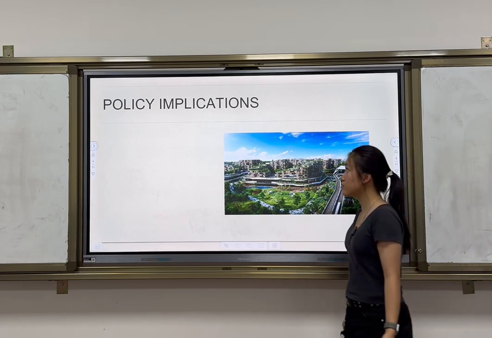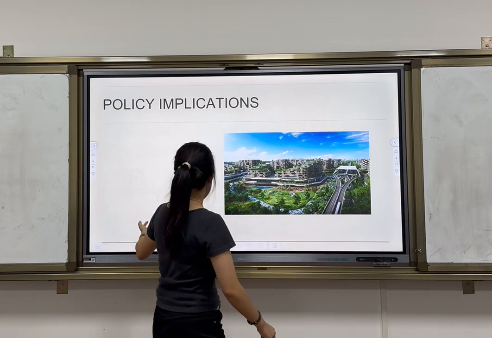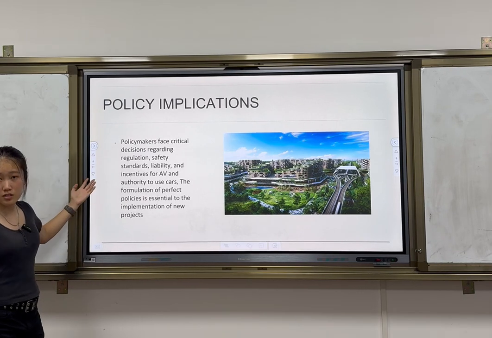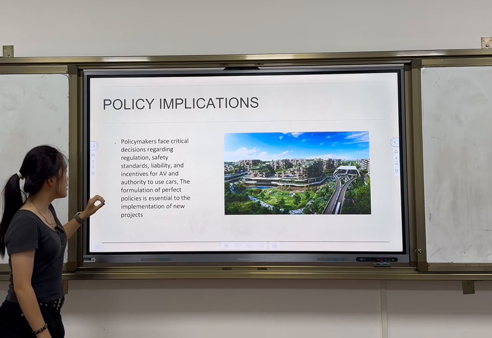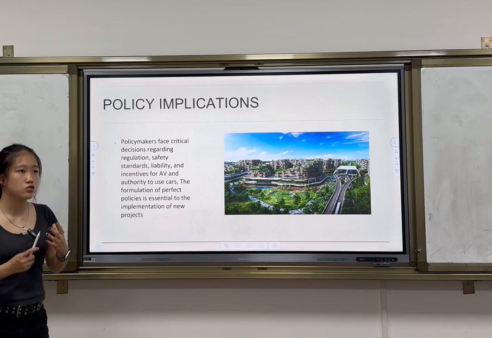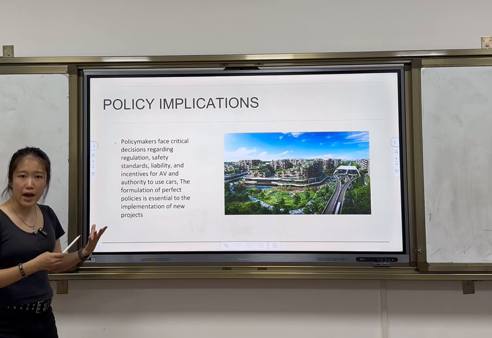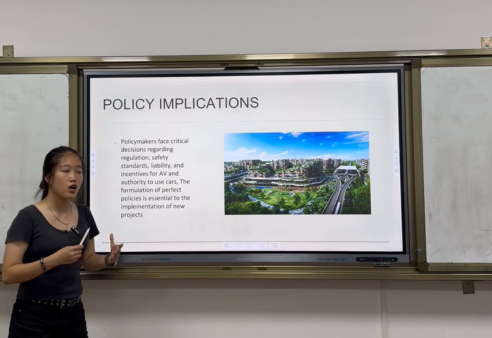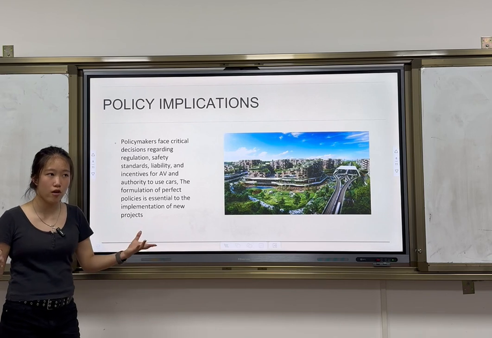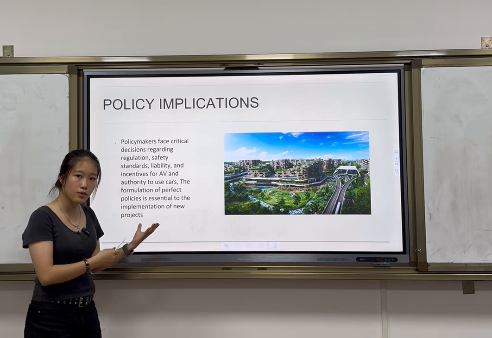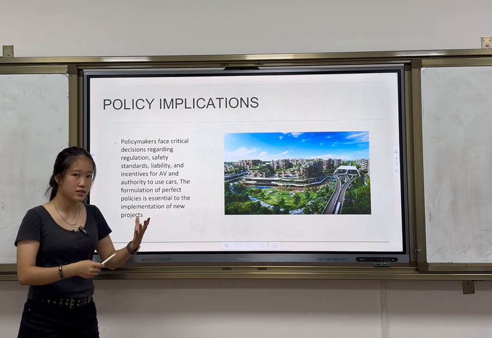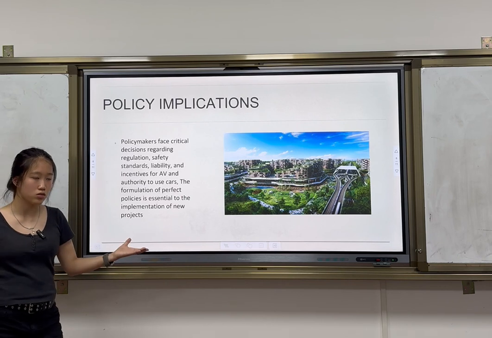So we need to focus on policy implications. Policymakers face several challenges regarding the adoption and impact of autonomous vehicles, for example, what kind of autonomous vehicles should be allowed on the road, who is responsible for autonomous vehicles, and how to reconcile state and federal laws.